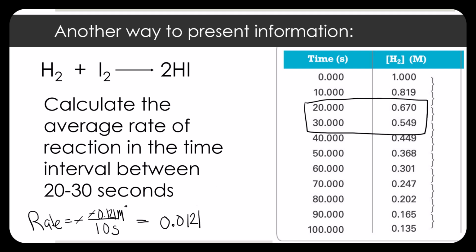So the units here, we're just going to transfer what we put into our equation. So the units for rate are molarity per second for this particular example. So that's your answer. Calculate the average rate of the reaction. The rate equals 0.0121 molarity per second. I hope you guys found this helpful.